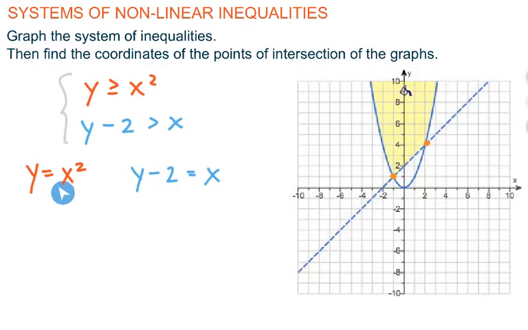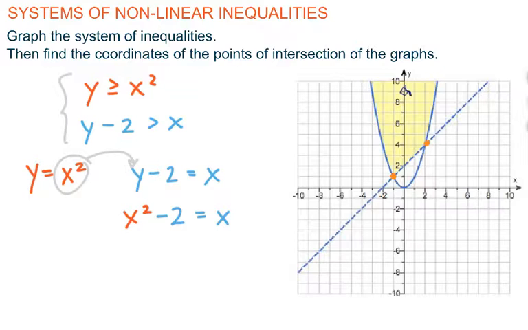Here I have y equals x squared, my related equation, and y minus 2 equals x, my other related equation. Since we know that y is equal to x squared, I can sub that right in, and that gives me x squared minus 2 equals x. At this point, we need to solve a quadratic equation to find the 2 x values which represent our points of intersection.